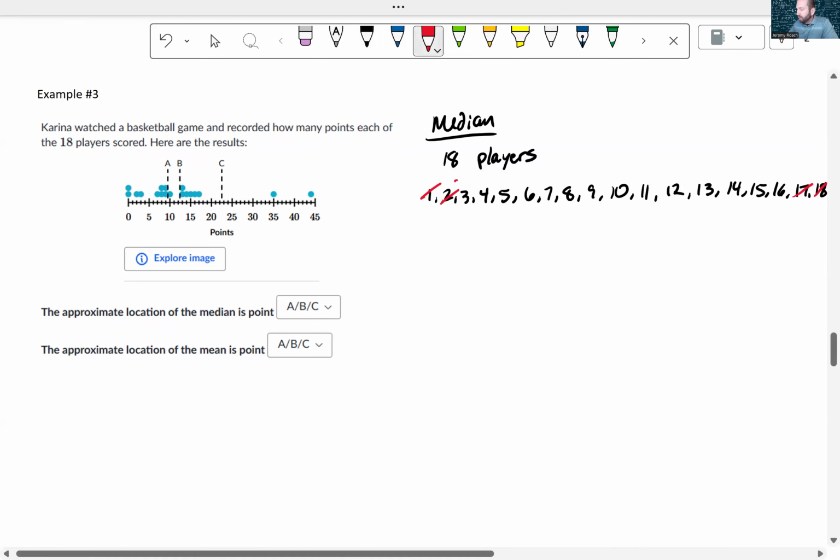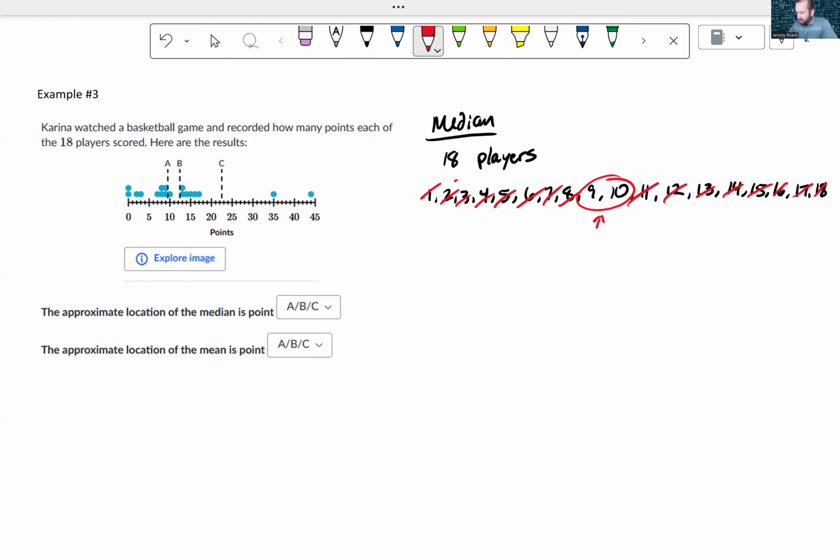Left, right, left, right, left, right, left, right. This is how I do it. It helps me to really make sure I find the middle number. You do one on each side. Just keep the pattern going. So now we have two numbers as our median. So that's 9 plus 10 divided by 2, which is 19 over 2, which is 9.5. That is our median.